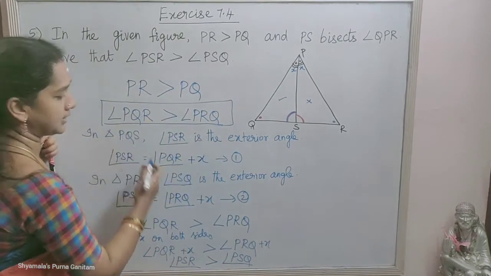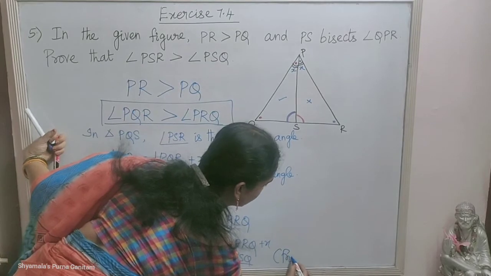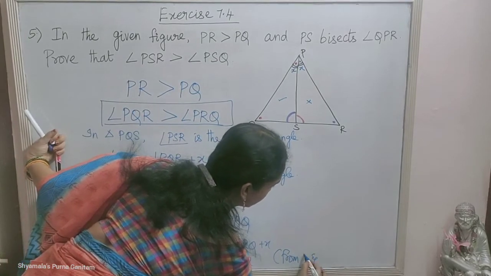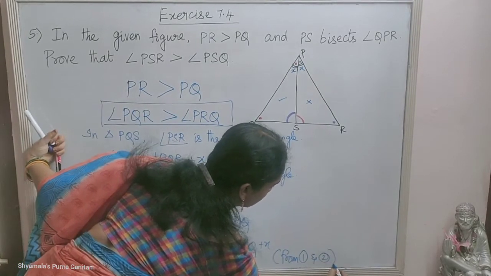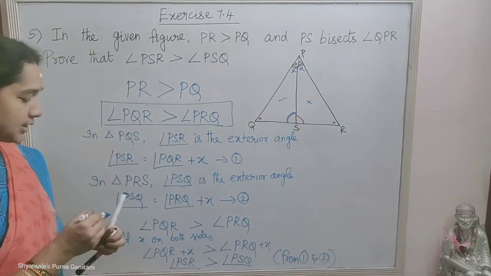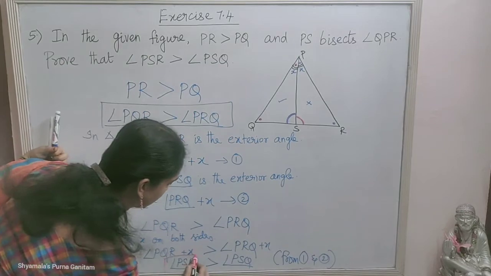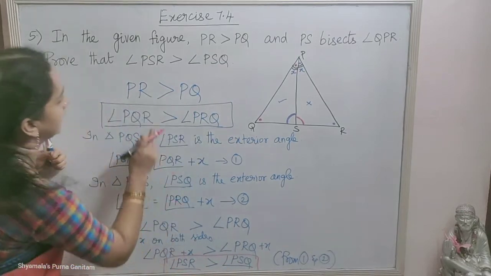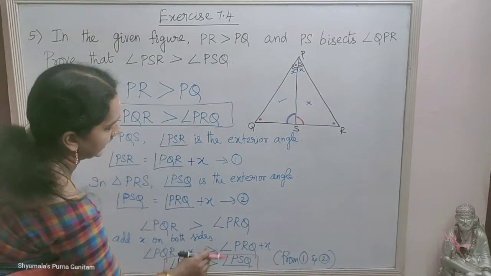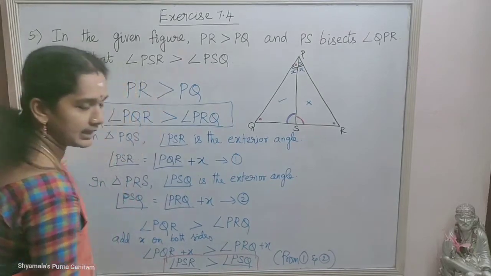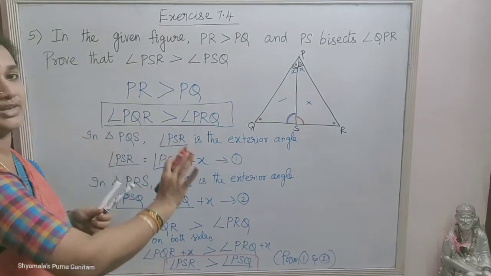So, from 1 and 2, we have replaced the statements. This is the thing they asked us to prove in the given question, that is, angle PSR is greater than angle PSQ.